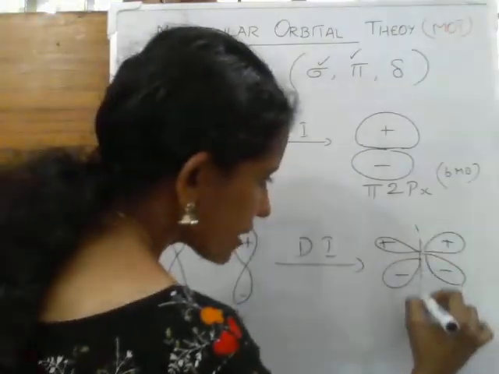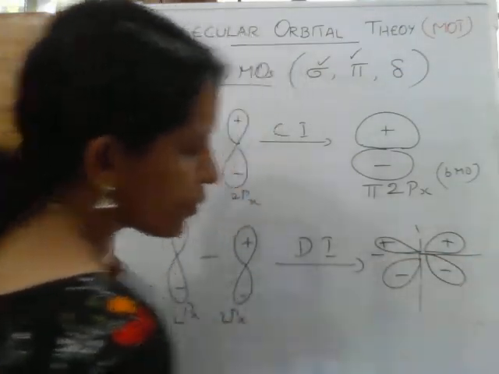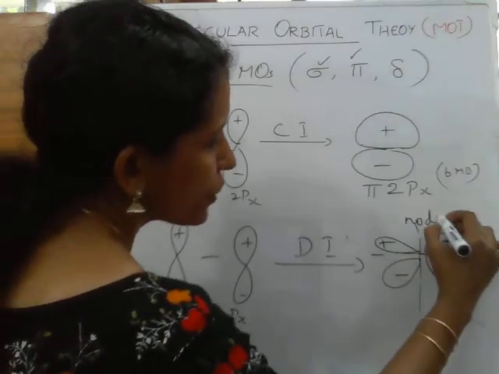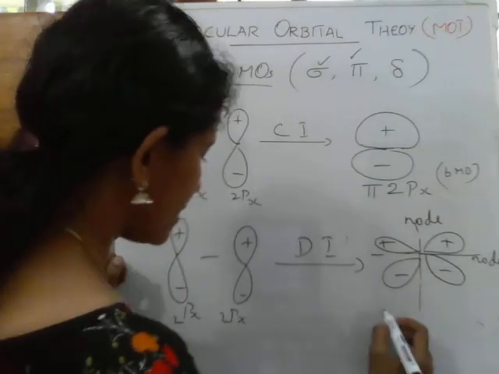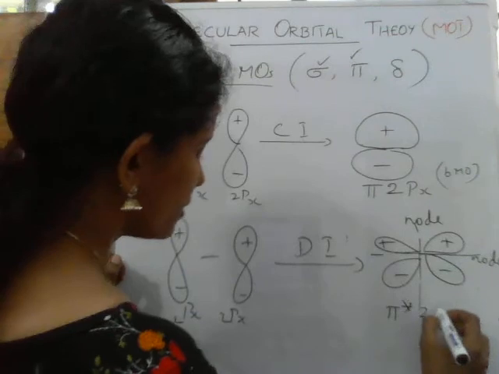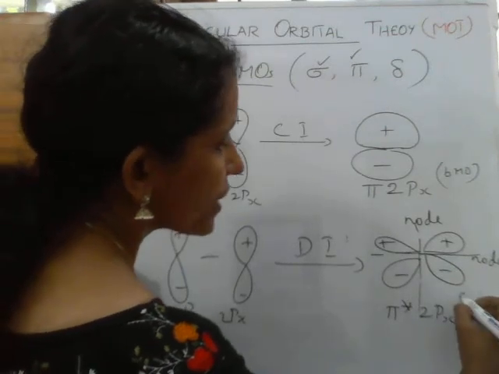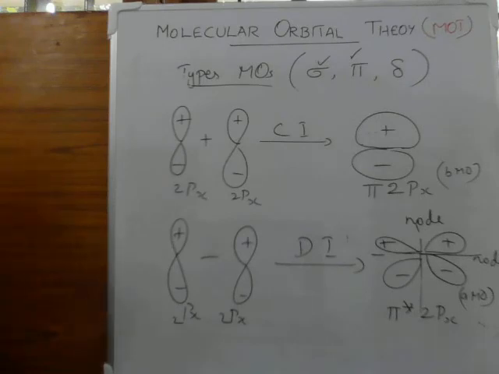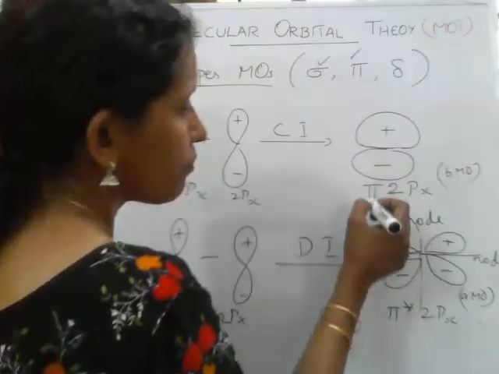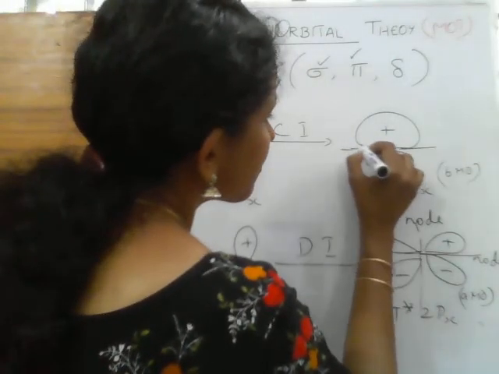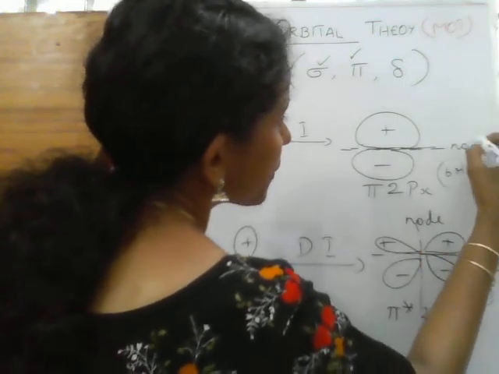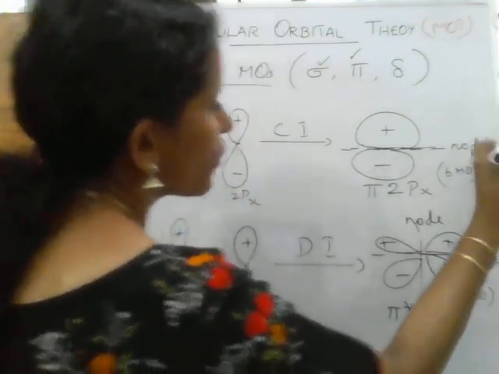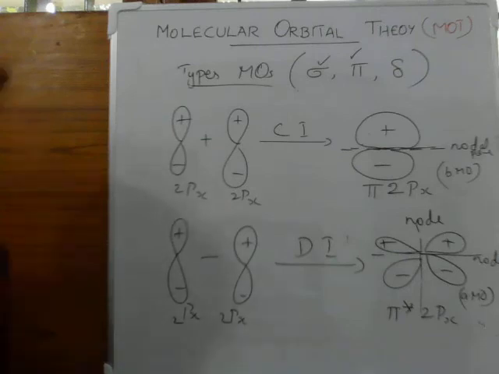Here you can see this is a nodal plane, this is also a nodal plane. That means two nodal planes are present in pi star 2px, the anti-bonding molecular orbital. It contains two nodes. Here in pi 2px, there is a plane where no electrons are present. This is a nodal plane. One nodal plane in pi 2px.